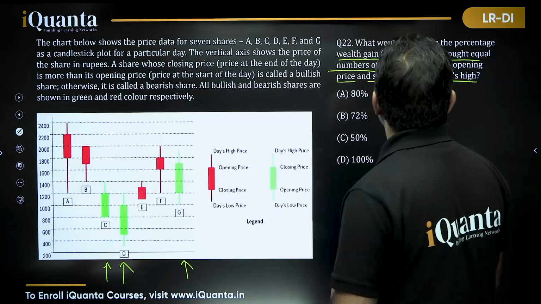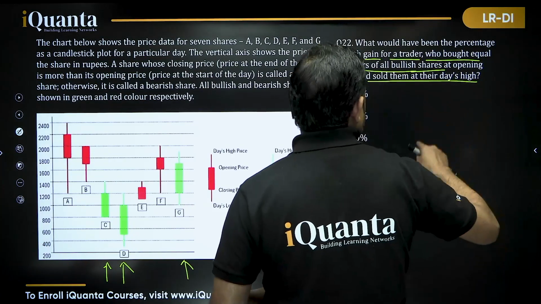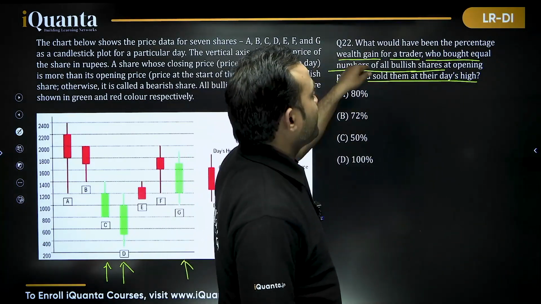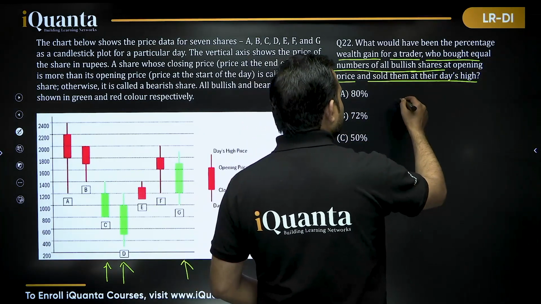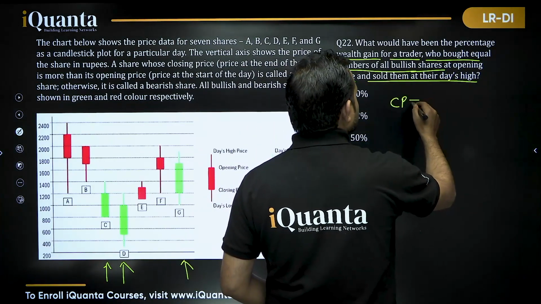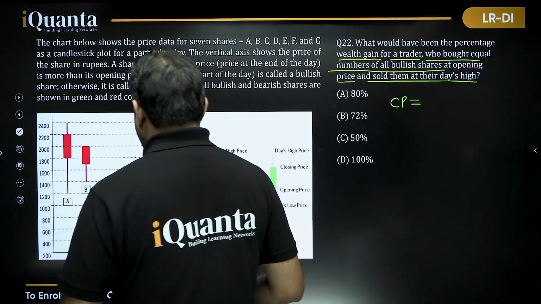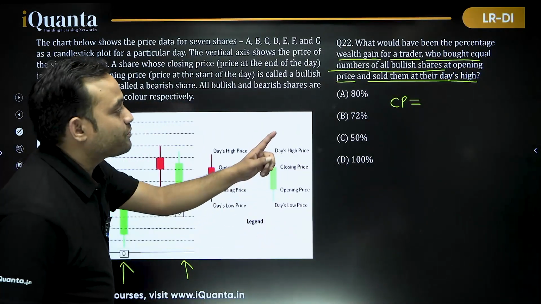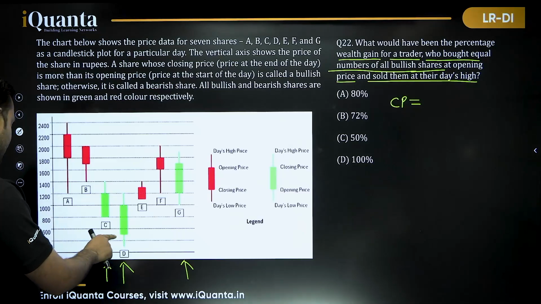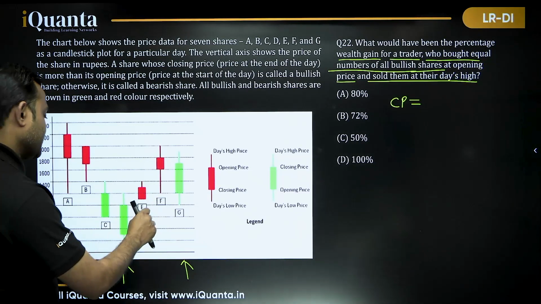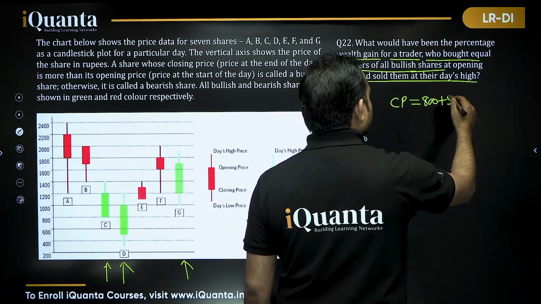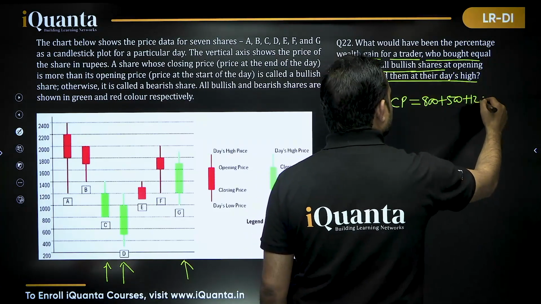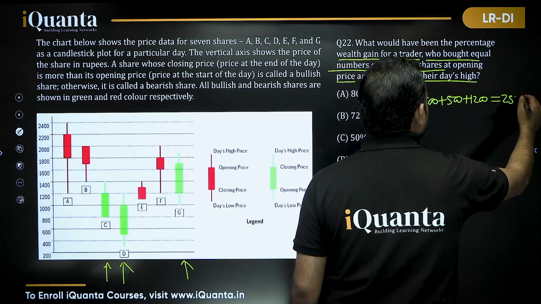So what we need to find is the wealth gain for someone who bought equal number of bullish shares. So what will be their cost price? So in each case, I will take only the opening price. So this is 800, this is 500 and 1200. This is equal to 2500.